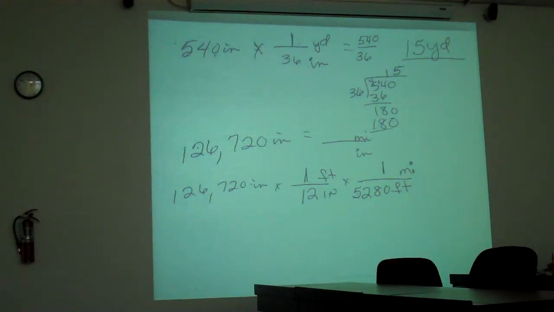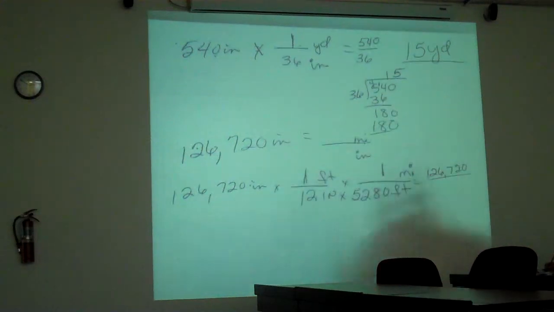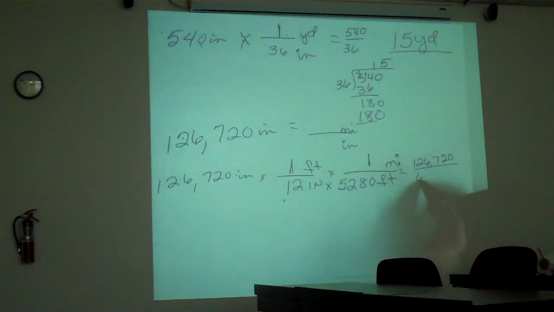So let's multiply 12 times 5,280 to see what we're going to have on the bottom. 12 times 5,280 is what? 63,360.